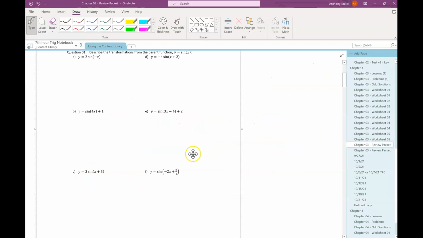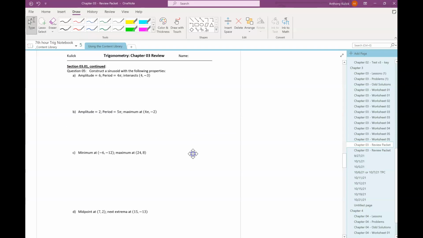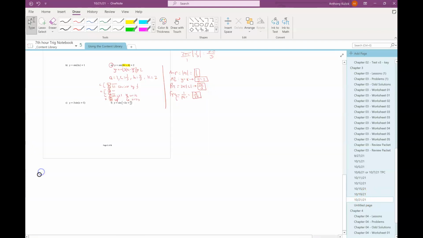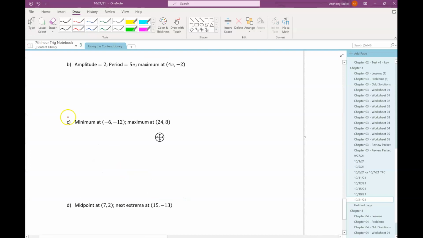Then, let's see, we'll grab one of these. So maybe let's do this one here. So this is going from a description to a sinusoid, right?